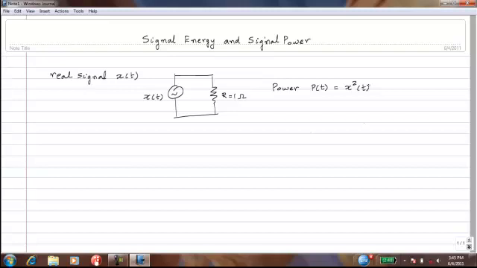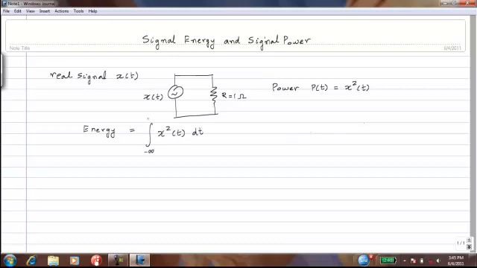Since this is a signal that lasts for a certain amount of time, the total energy that is dissipated is the integral of power. So this is the integral of x squared of t dt.